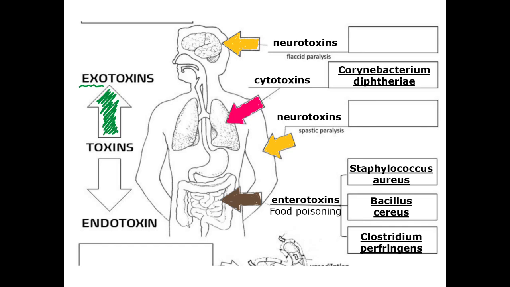So tetany. Examples of bacteria that make neurotoxins that cause flaccid paralysis: Clostridium botulinum, and we'll talk about botulism.